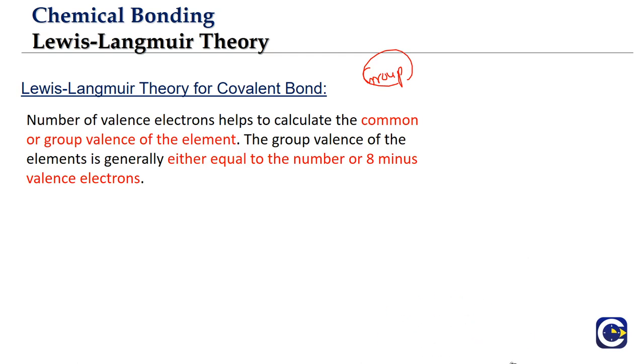The 15th group elements have 5 electrons in the valence shell. Let us talk about nitrogen.